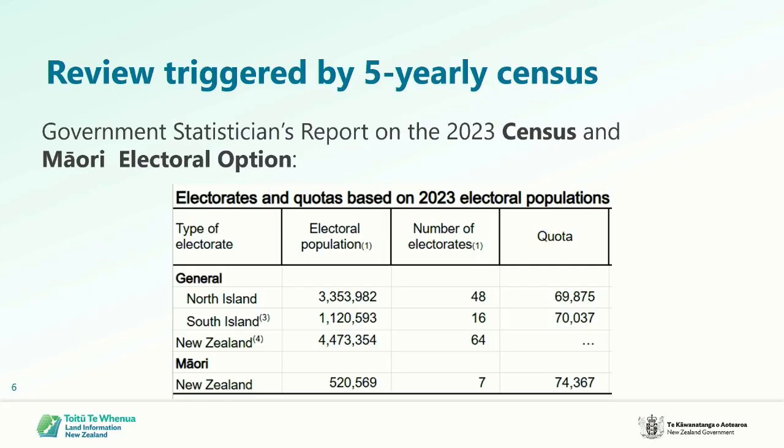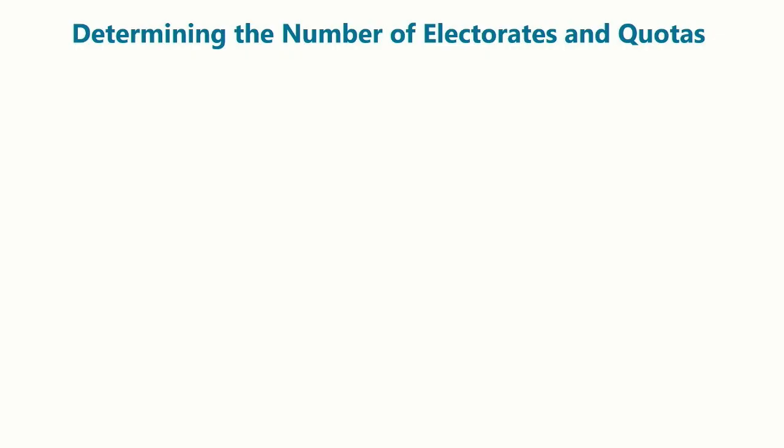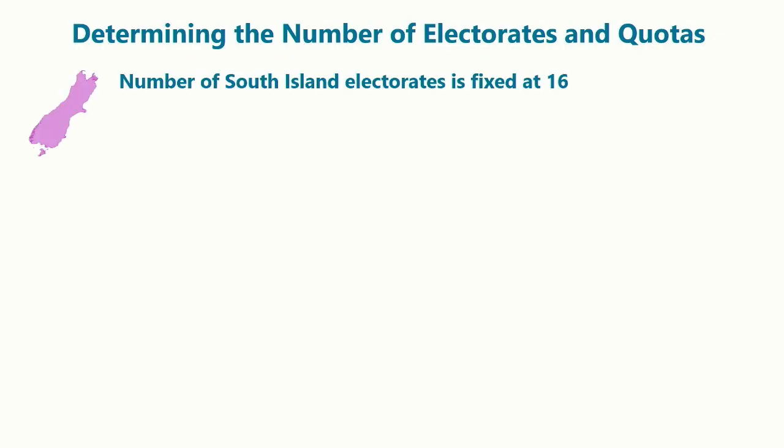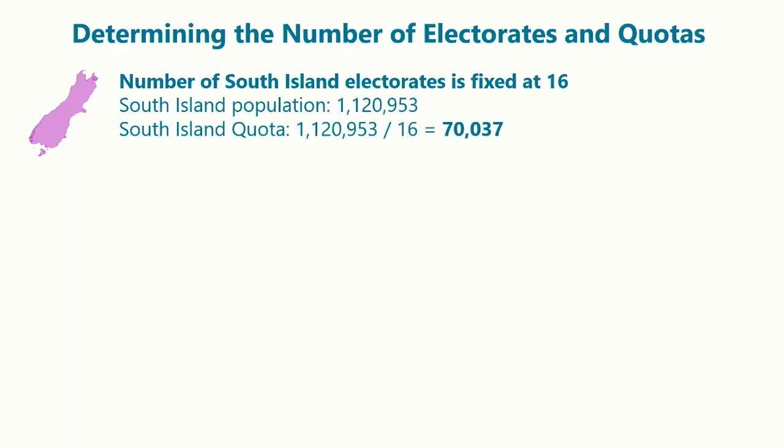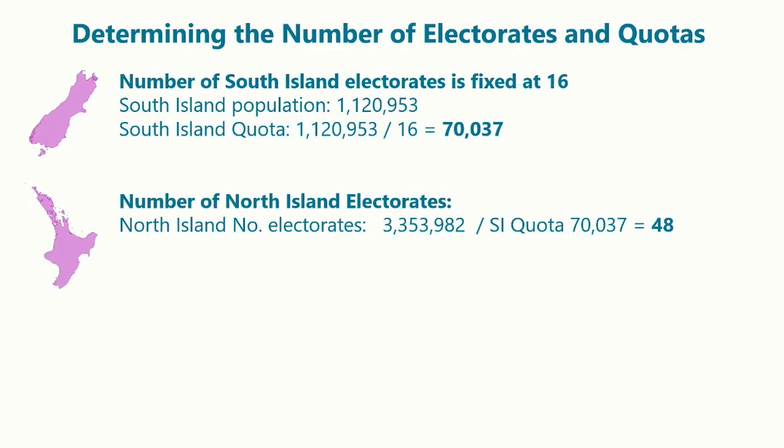So how are those calculations made, I hear you ask? This is a slide, if you like, of legislation and simple maths. The number of South Island electorates is fixed at 16, so that's in the Act, it's always 16. So to get the quota, it's simple, you just divide the population by 16 and there's your quota, 70,000. The North Island varies in the number of electorates. So to get the number, you divide the North Island population by the South Island's quota, which gives you 48 this time.